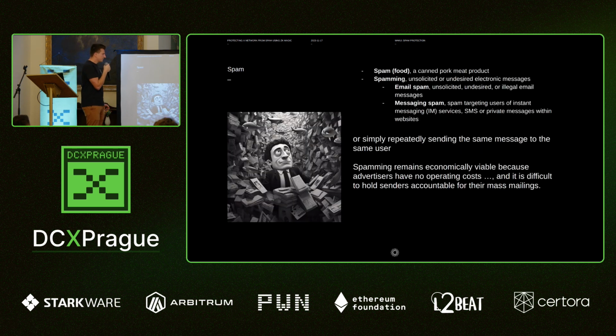So we want to prevent people spamming. We need to first define what is spam. From Wikipedia, spam is food, canned pork, meat product. It's not what we care about here. And then there is spamming: unsolicited or undesired electronic messages, email spam, messaging spam. Okay, so we're doing messaging.